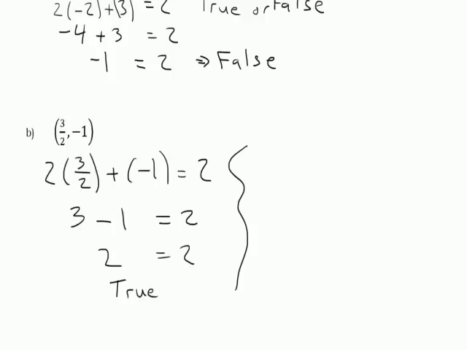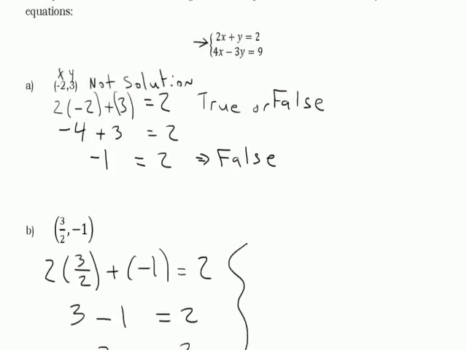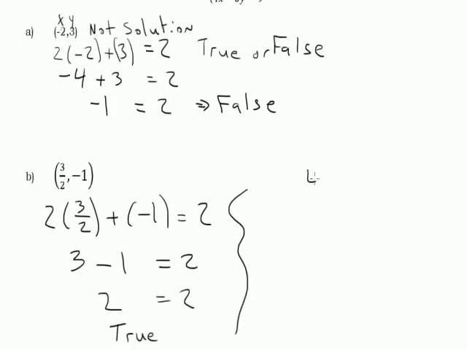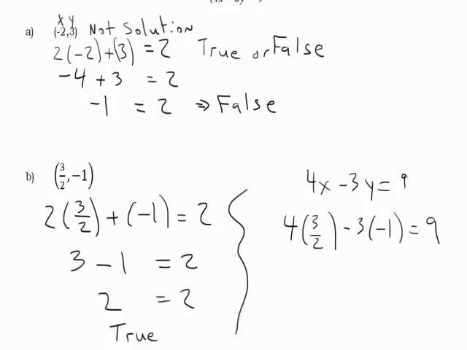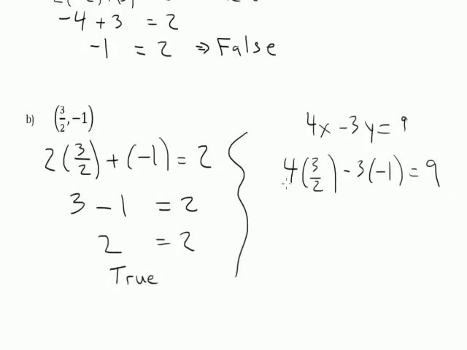Looking back up at that second equation real quick, that second equation is 4x minus 3y equals 9. Plugging in 3/2 for x and -1 for y, we work to determine whether or not this is a true statement. 4 times 3/2, that's the same as 2 times 3, that's 6.